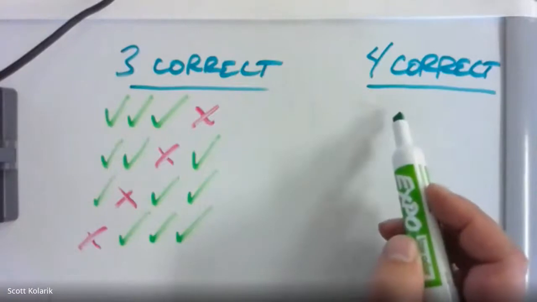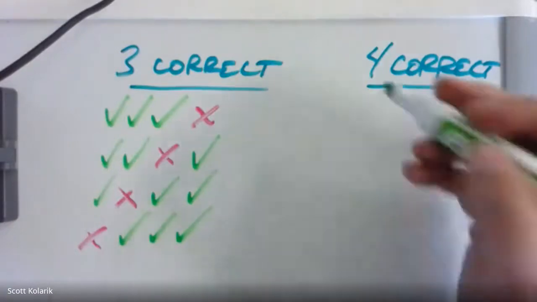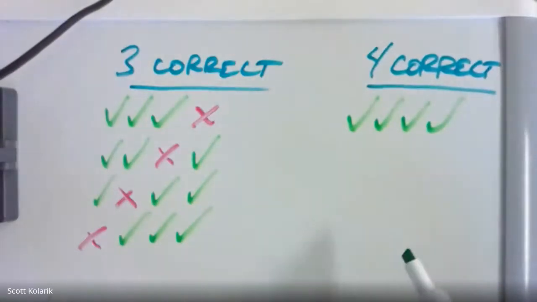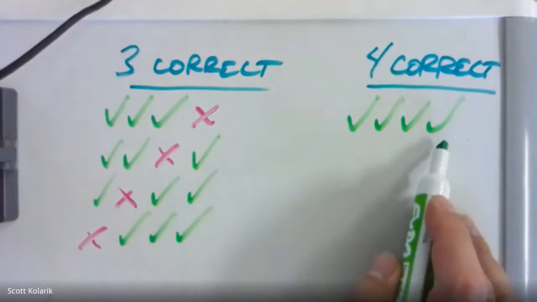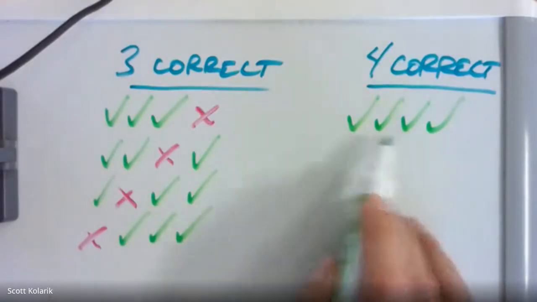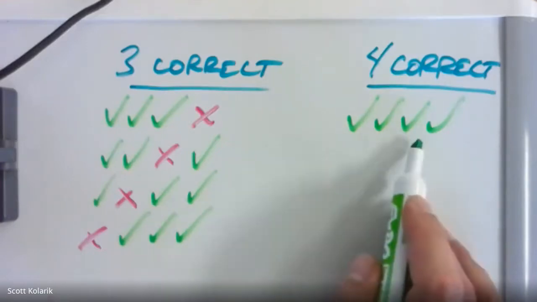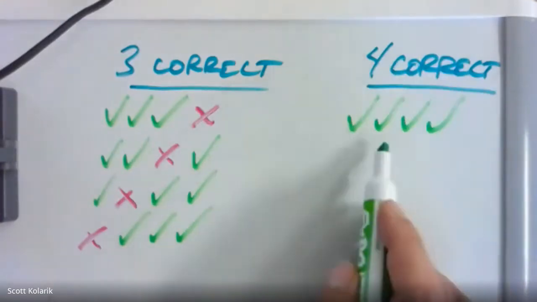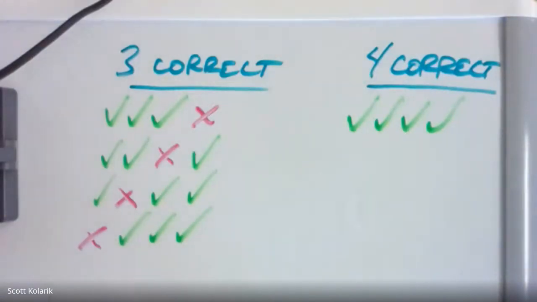Now, how many different ways can I get all 4 correct? Well, if I get all 4 correct, that's simple enough to write out. And that's it. There is no other way to rearrange that. Just moving that right answer doesn't work that way. Getting all 4 right is getting all 4 right. There's no other way to do that. So there's exactly one way to get all 4 correct answers. There are 4 ways to get 3 correct.